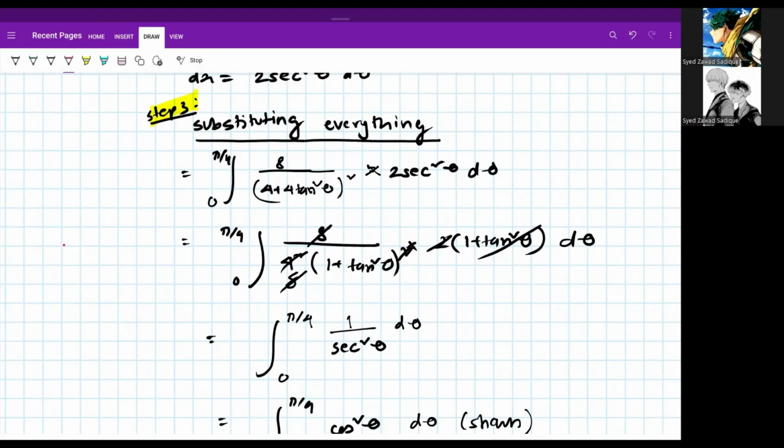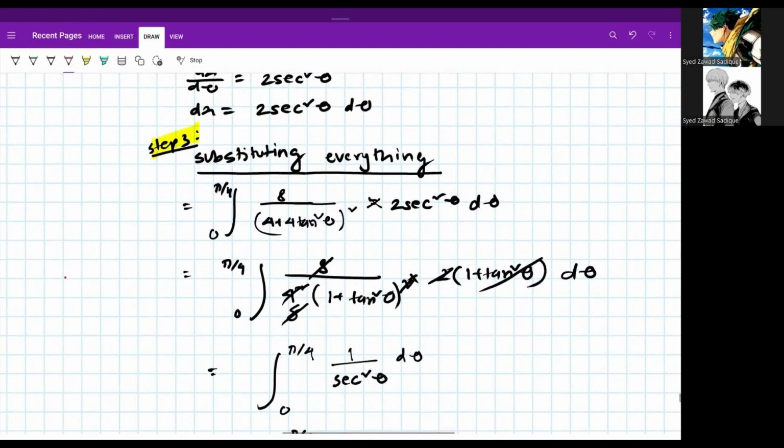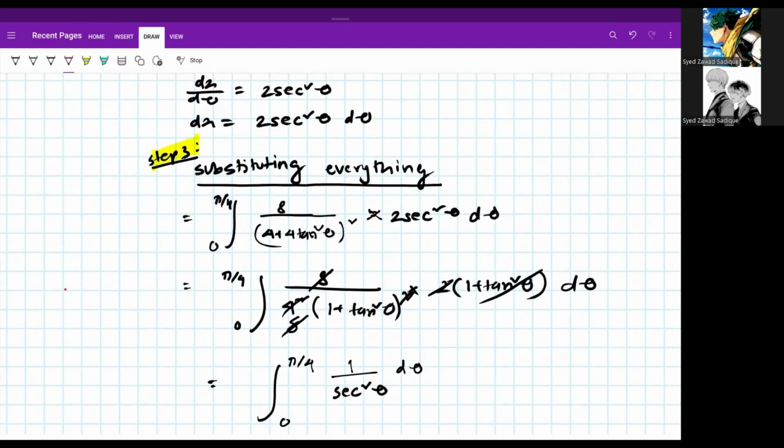Now we have to substitute everything. First, let's write our limits: pi by 4 to 0. Integration of 8 by 4 plus, instead of x squared, we write 4 tan squared theta, in brackets squared, multiplied by, instead of dx, 2 sec squared theta d theta.